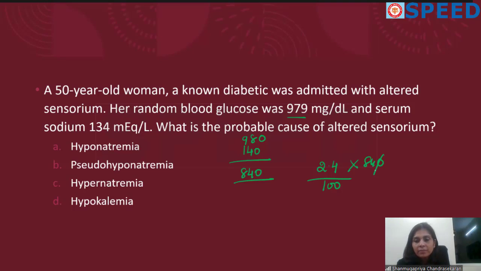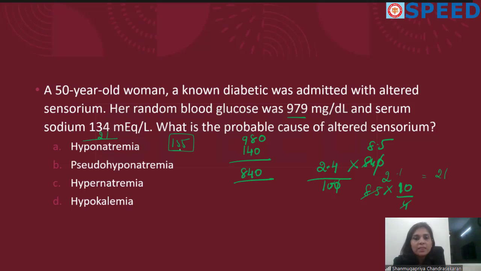So for 840, it is about 21. Am I doing it right? So if you add 21 here, it is 155. 155 is high sodium, right? The normal is 136 to 145. So the corrected sodium is 155. So what is it? It is hypernatremia. Okay, thank you.